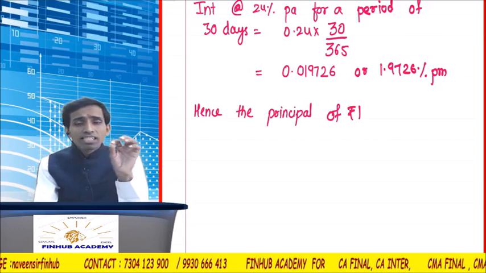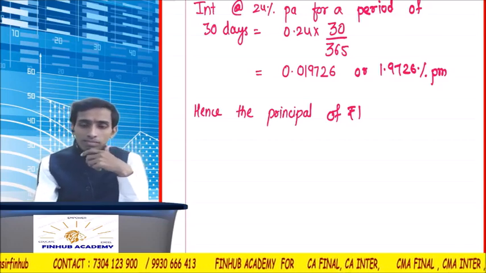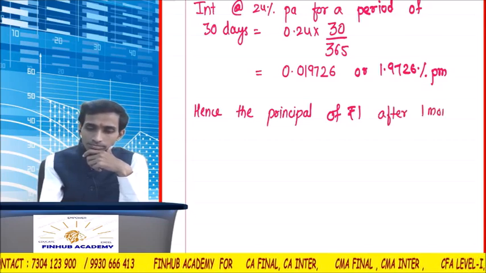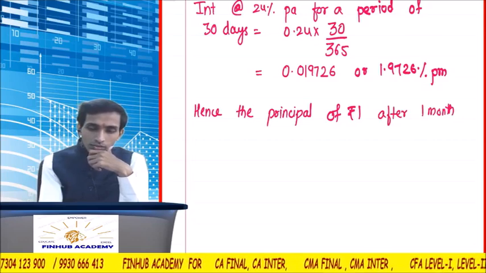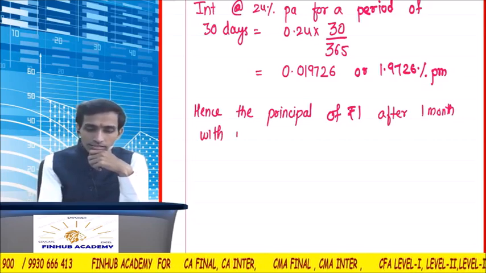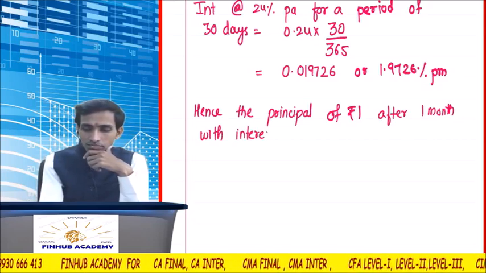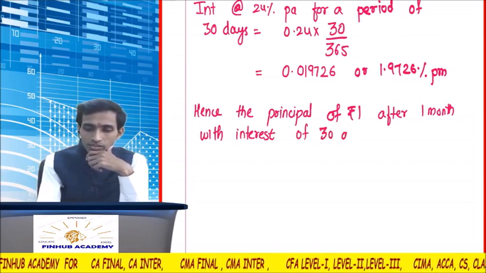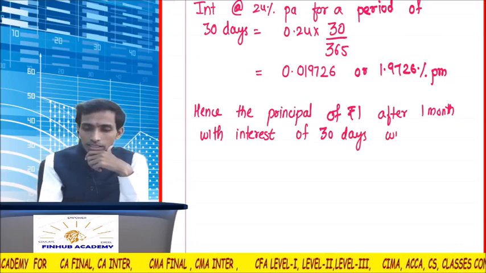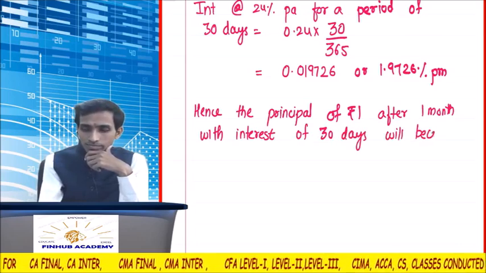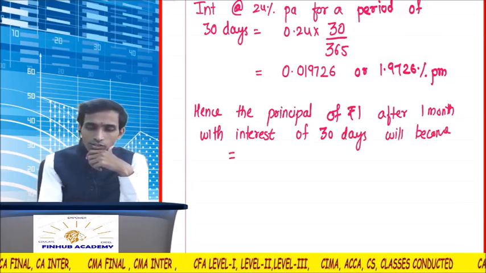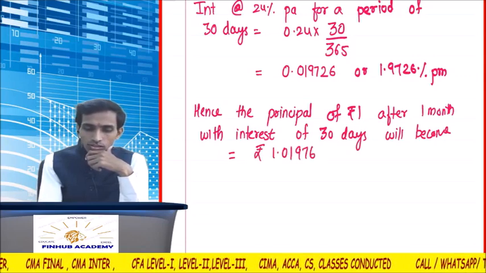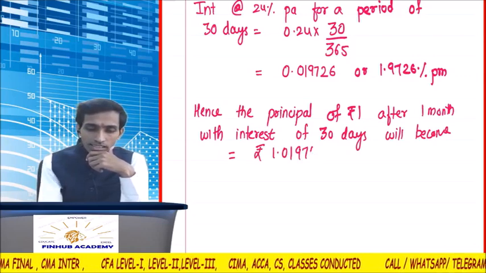Hence the principal of rupee 1 after 1 month with interest of 30 days will become rupees 1.019726. I hope this is clear.